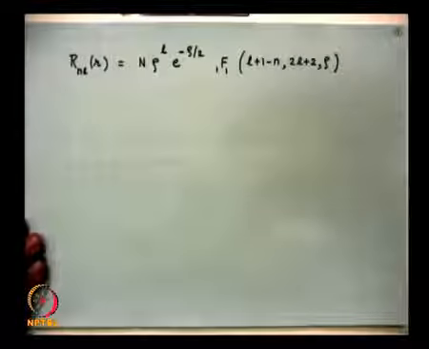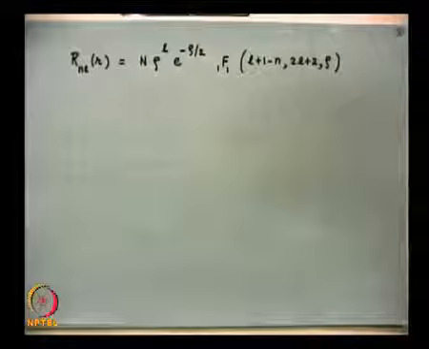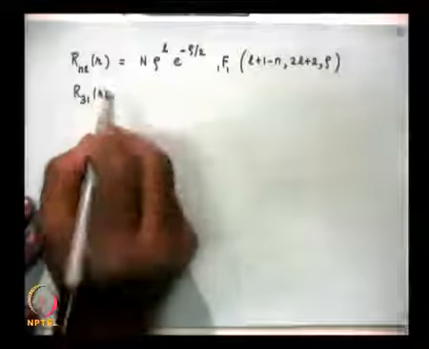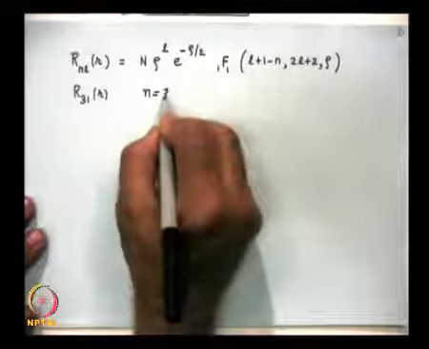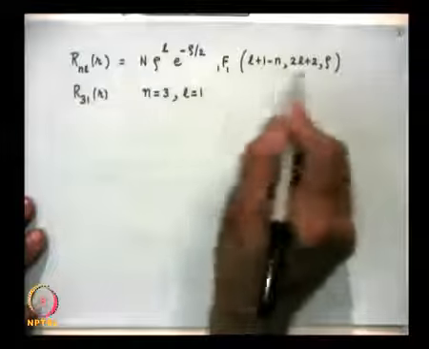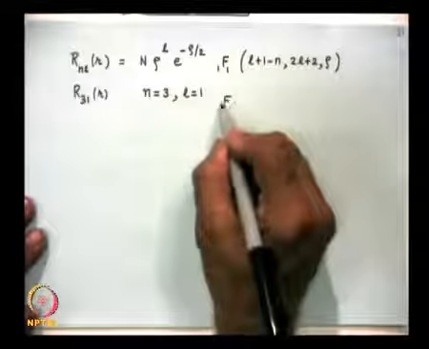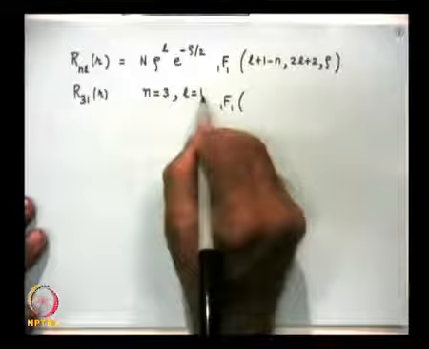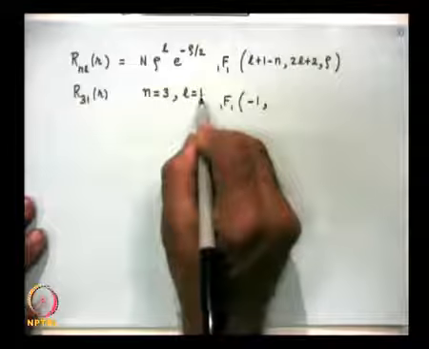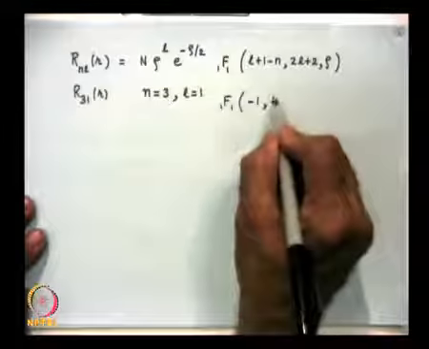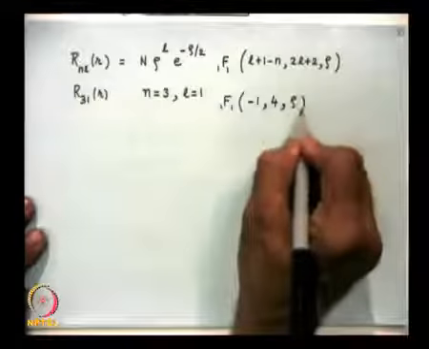This is the confluent hypergeometric function, and as an example we will calculate R31 of r. So, n is equal to 3 and L is equal to 1. So, this expression becomes F11 of L plus 1 minus n, that is 2 minus 3 is minus 1, 2 L plus 2, that is 2 plus 2 becomes 4, times rho, comma rho.